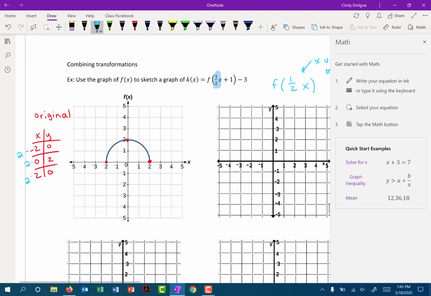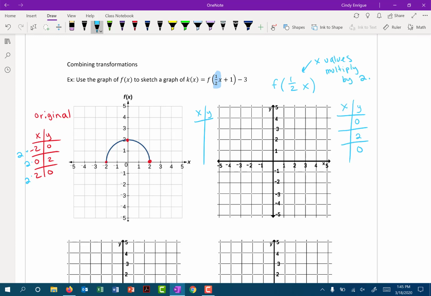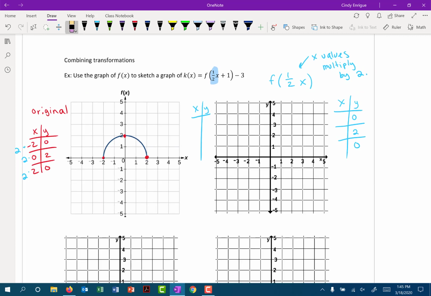So now I'm going to have my new x and y values. I'm going to have this as a -4. 0 times anything is still 0, and 2 times 2 is 4.